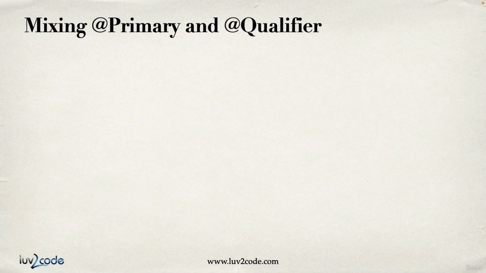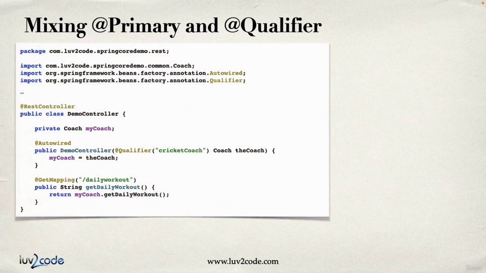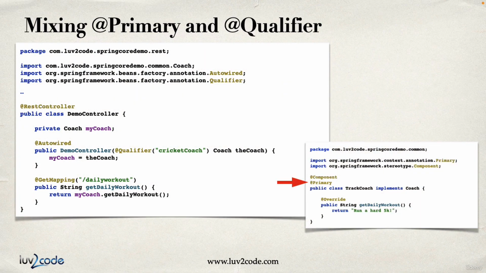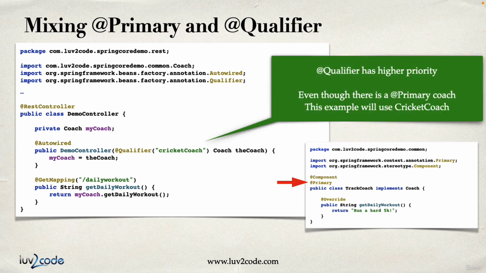So even if you mention a given class as the primary class, that can be overridden or have higher priority by making use of the qualifier annotation. So in this example here, qualifier has the higher priority. So even though there's a primary coach, track coach, this example will actually make use of cricket coach. All right, so just something to be aware of.